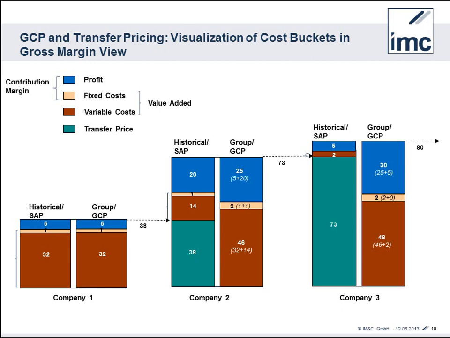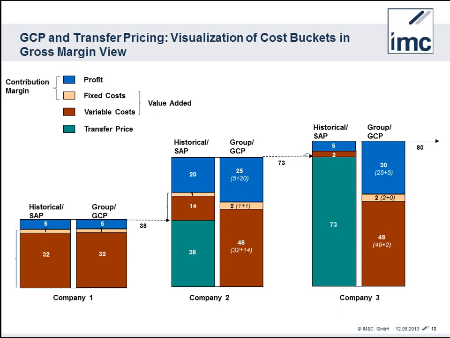As I said in one of the previous slides, GCP is able to split the costs, margins, profits, into as many components as it makes sense to split it, so that you can have for each of these components a number of values, which can be historical values, which are generally the values that come from, for example, SAP in this example, but it could be a different ERP system.